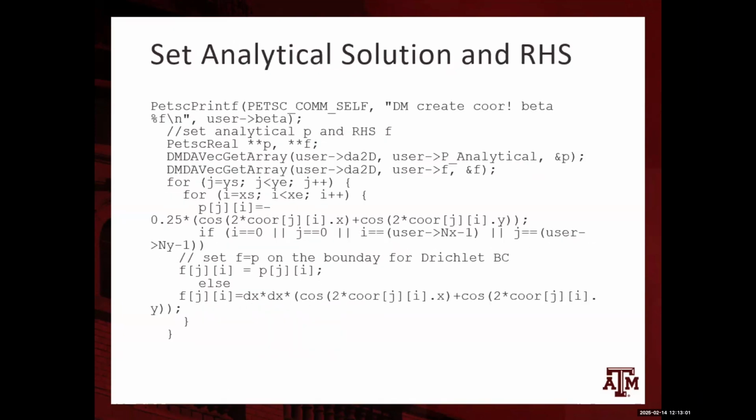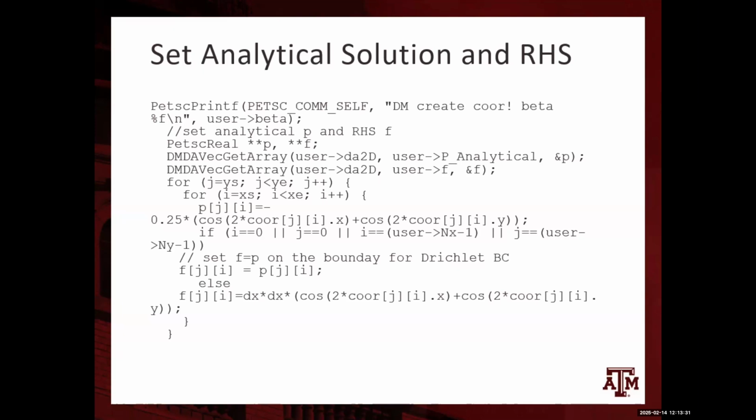So we're going to do the same thing. We're going to get the array for our P analytical and also our right-hand side, which we know from the Taylor-Green vortex analytical solution that we have. So here we're getting the P analytical in a P array, which is a 2D array, and then another F array.